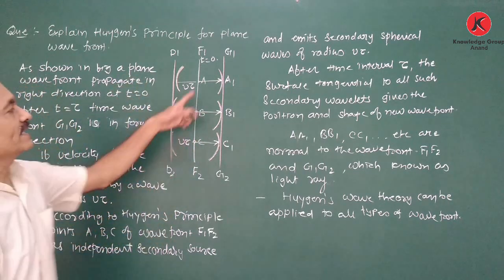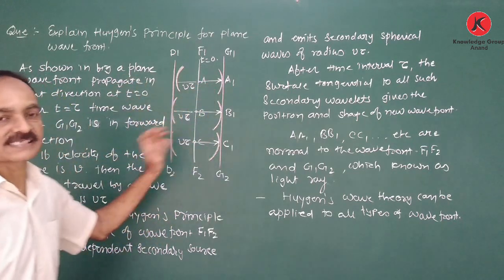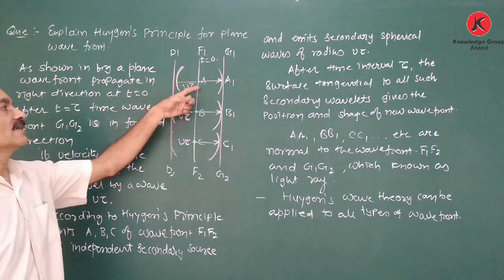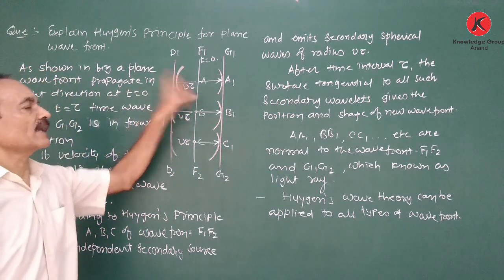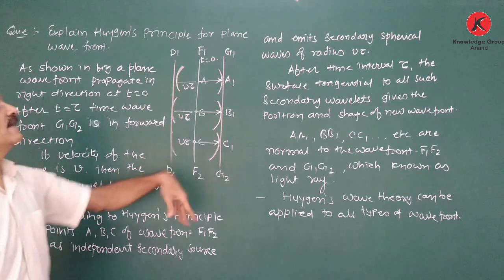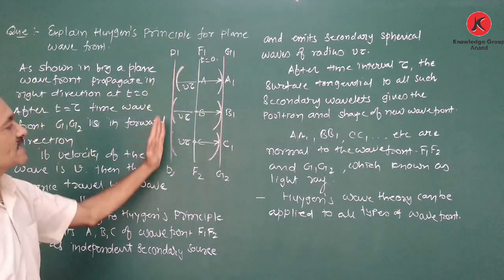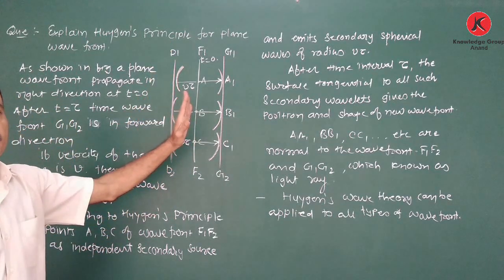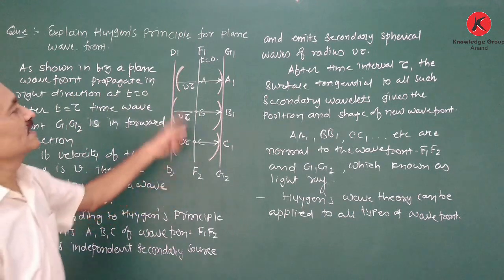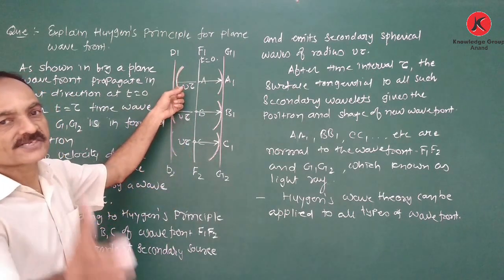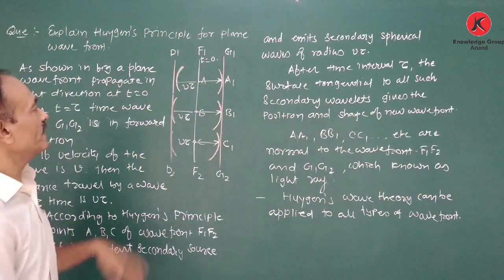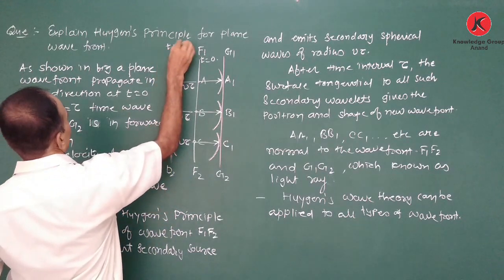That means by considering these points A, B, C as centers, we draw spheres of radius v into tau. And the tangential surface to all these secondary spherical waves gives the position and shape of the new wavefront at time tau.